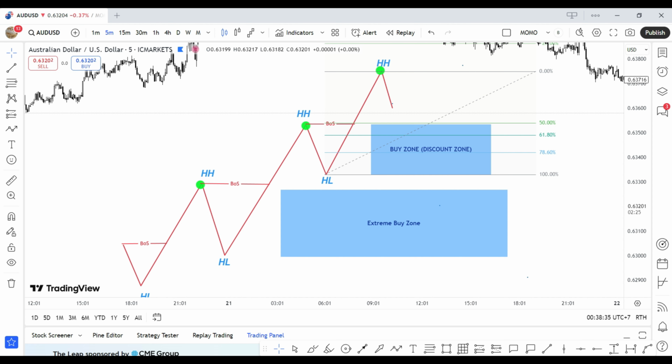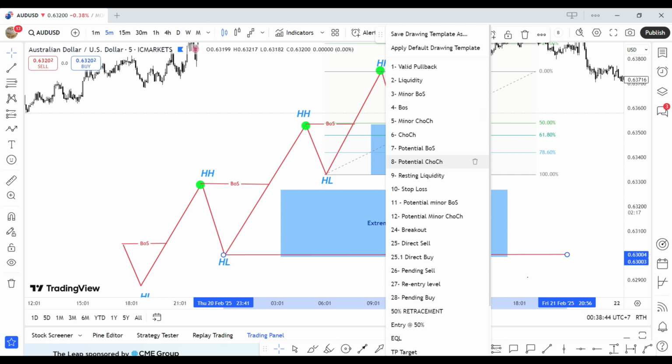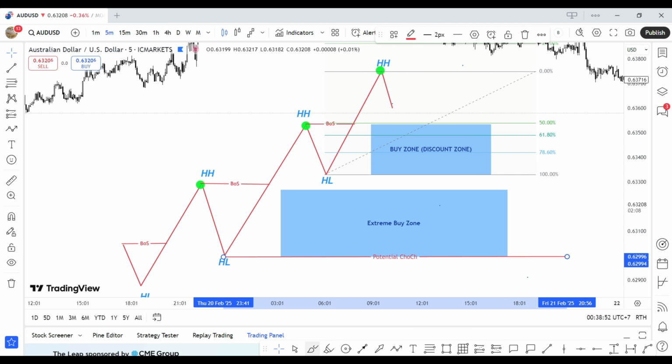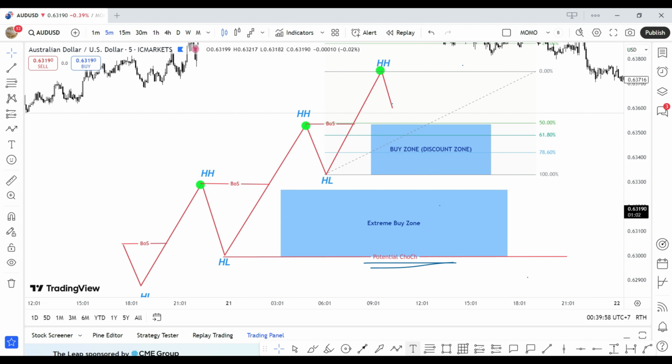The relationship is strong because the potential change of character is positioned below the extreme trading zone. So if the market price broke this zone over here, that will confirm a change of character, and our analysis shifts from bullish to bearish.